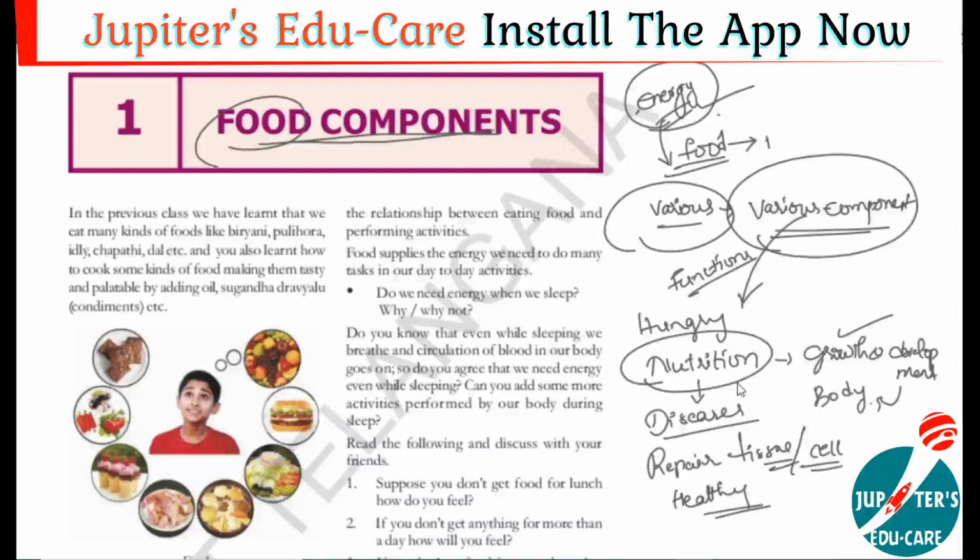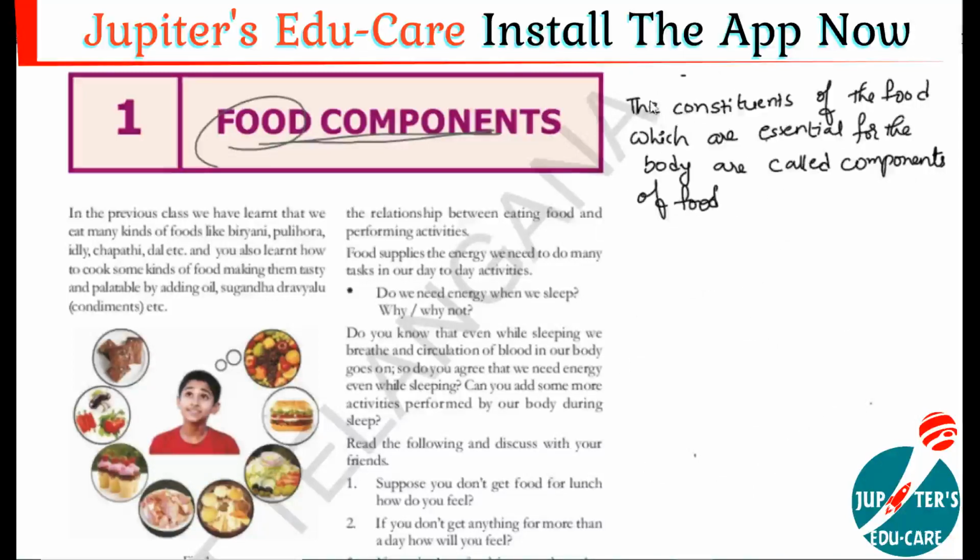So first, what are the different food components? Just now we discussed that various food materials consist of various components. What is meant by the components of food? Food components means the constituents of the food which are essential for the body.